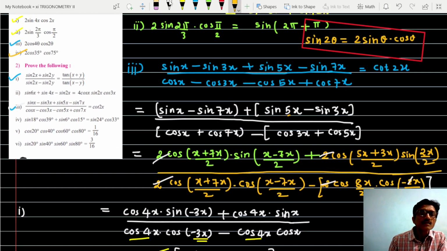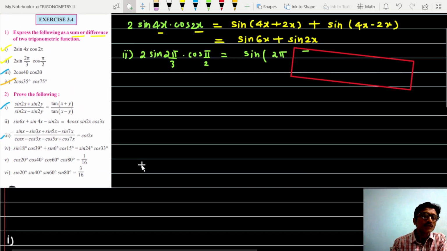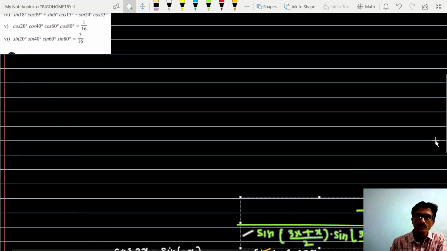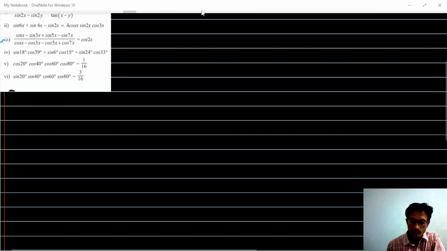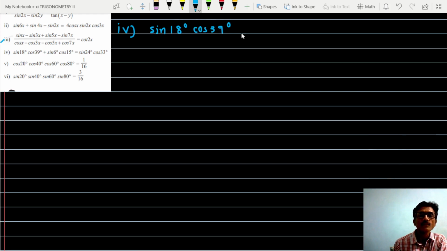Then see this fourth question. Fourth question is sin 18 degree cos of 39 degree plus sin of 18 degree into cos of 39 degree plus sin of 6 degree into cos of 15 degree.